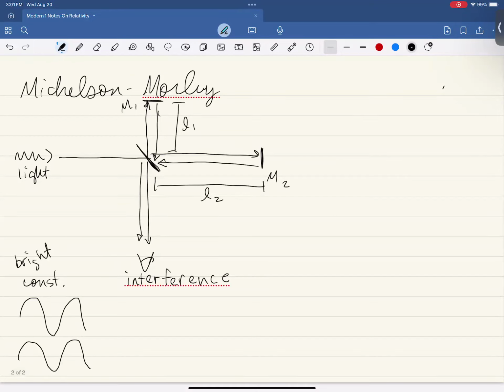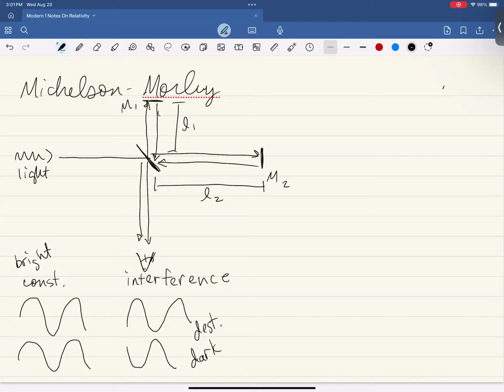And then if there's a path difference between the beams, for example, perfect destructive interference is where the peak meets the trough like that, okay? This is destructive interference, and then you would get dark. So you'll get an interference pattern down here where the detector is at this eye, a pattern of fringes.